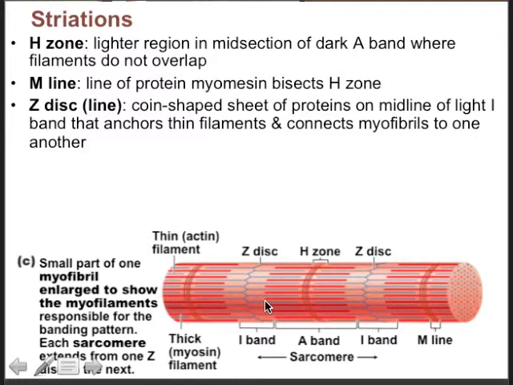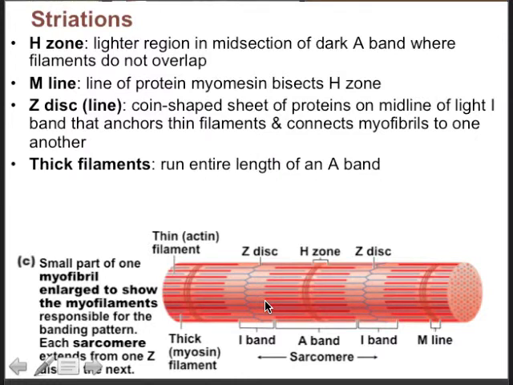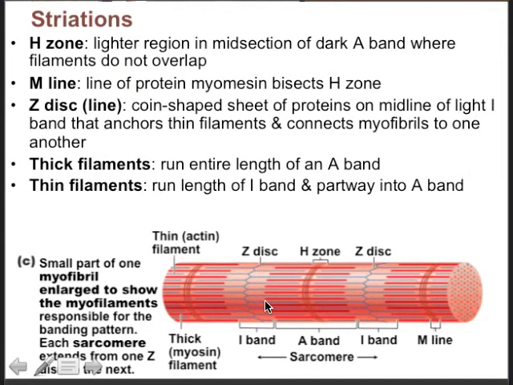Okay, so what you have here is an interdigitation of what we would call thick filaments, which are primarily myosin, and thin filaments, which are primarily actin. Okay, the thick filaments run the entire length of the A band, while the thin filaments run the length of the I band and partway into the A band.